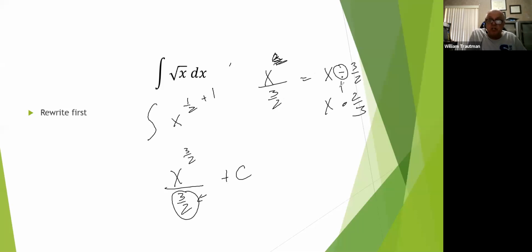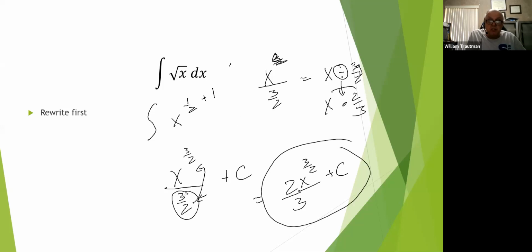When you change divide to multiply, you flip the second fraction. So do you see this 2 actually goes to the top, and the 3 stays on the bottom. So the final answer would be 2/3 x to the 3 over 2 plus c. You have to understand that when you put this 3/2 on the bottom, the 3 stays at the bottom, the 2 flips up to the top.